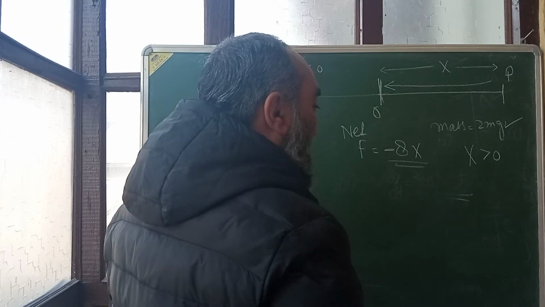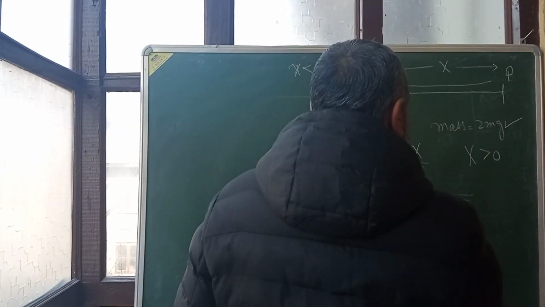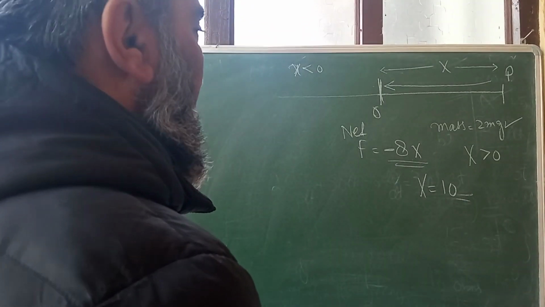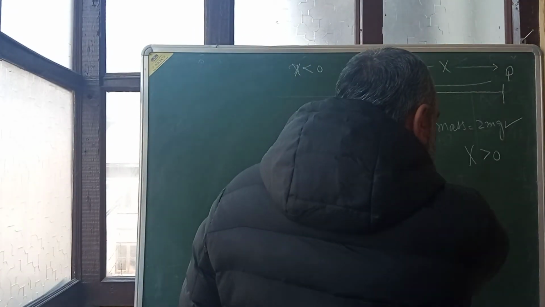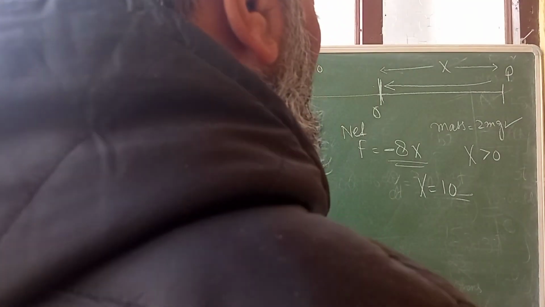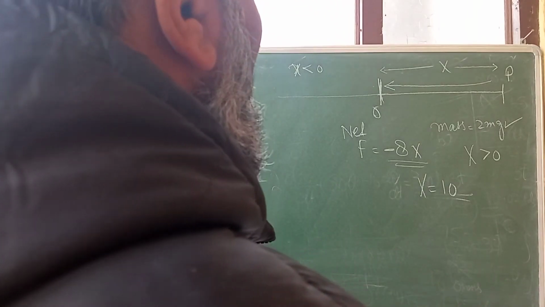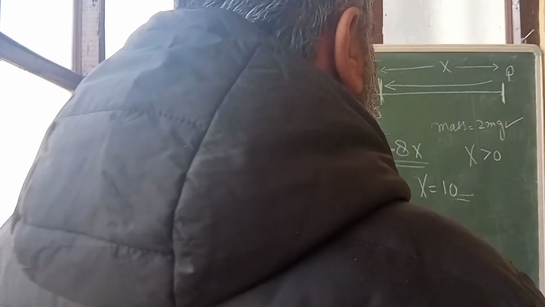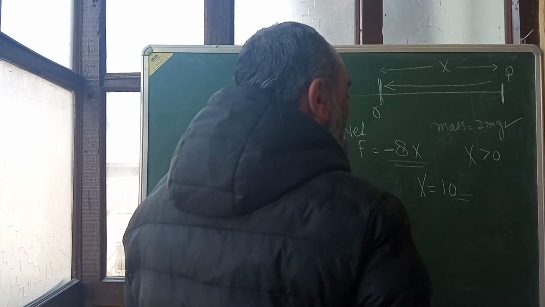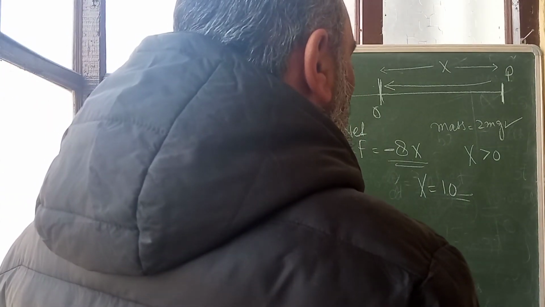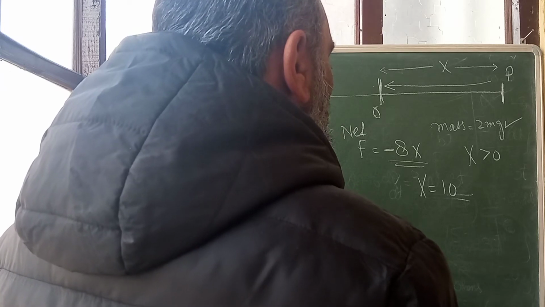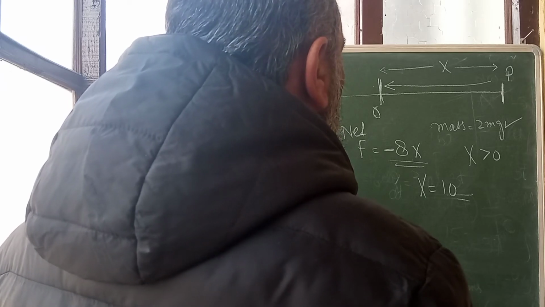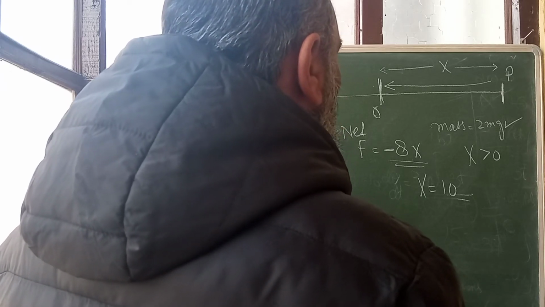If it is initially at rest at x equal to 10, that is x0 equal to 10, we have to find the position of the particle at any time t greater than 0.